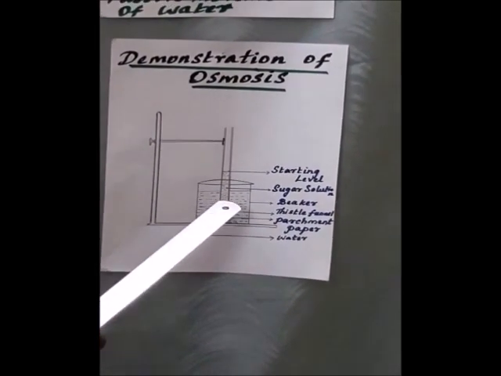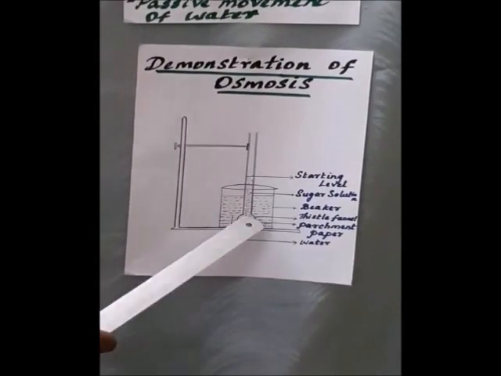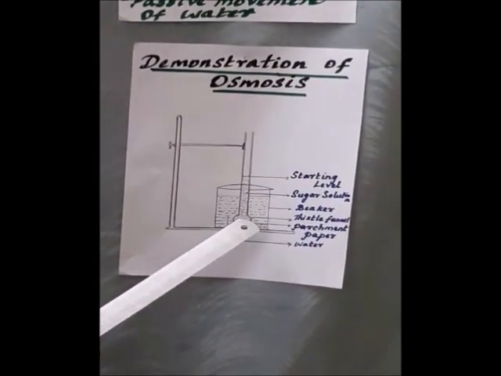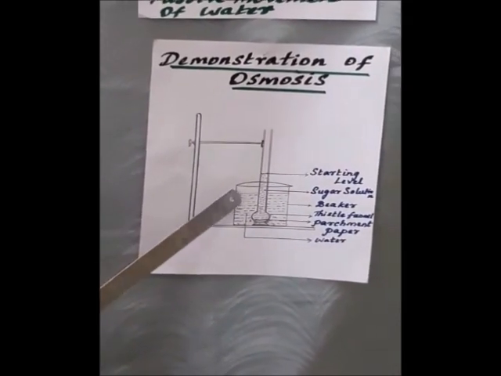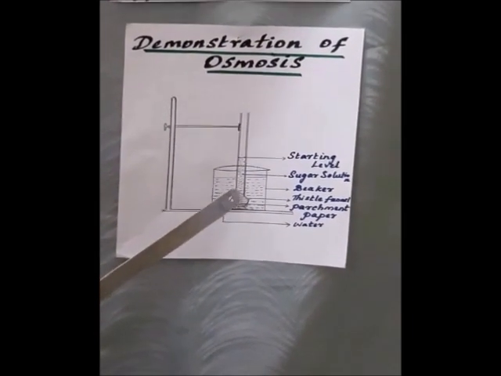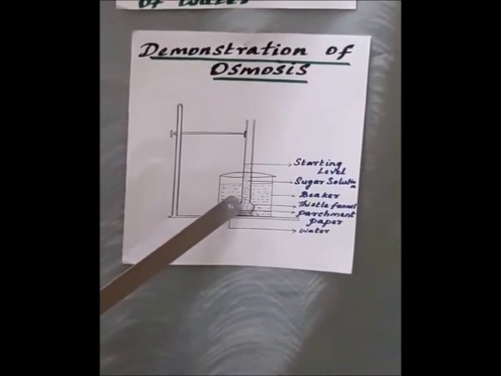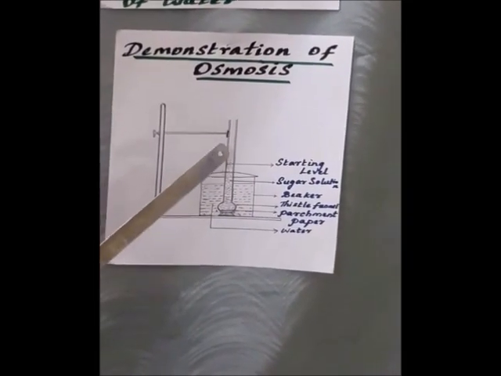We keep it inverted inside the beaker containing water. After some time, the water present in the beaker slowly moves into the thistle funnel through the semi-permeable membrane, and the level of water in the thistle funnel rises.